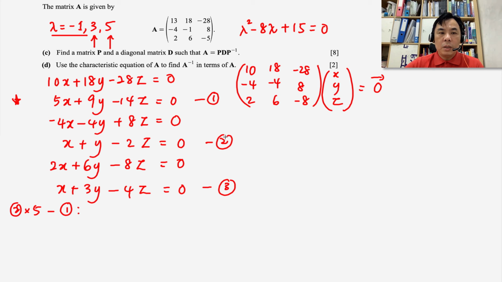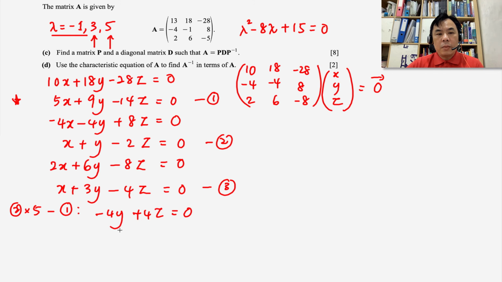So I'm going to take this 5 times, subtract off with this. I will get, of course, there's no more x. And then I have 5 times negative 4y. I have 5 times here, negative 10 minus this, so it become 4z equal to 0.